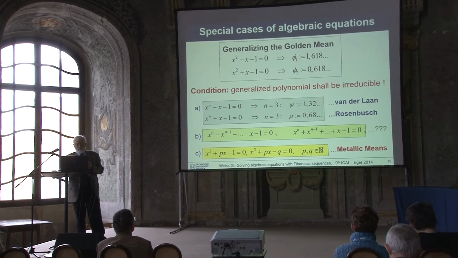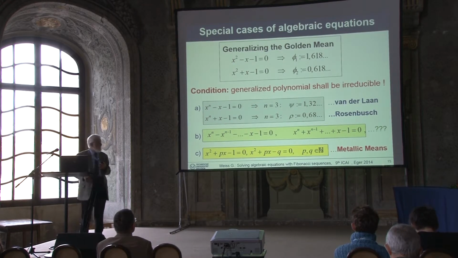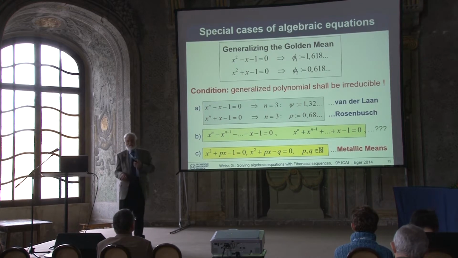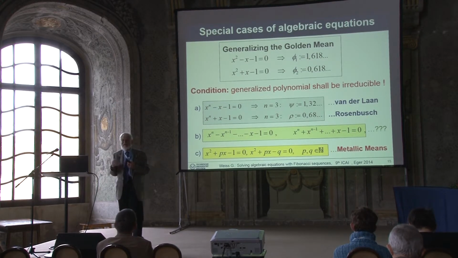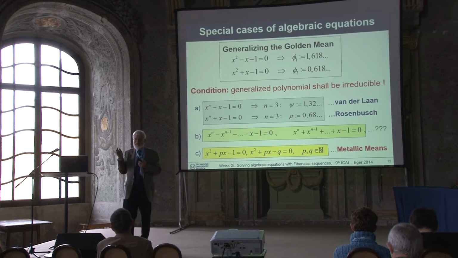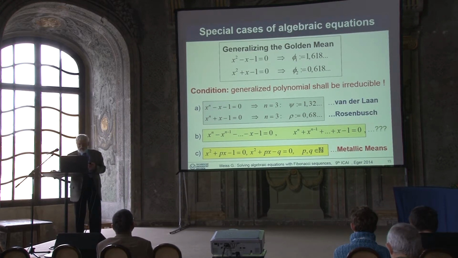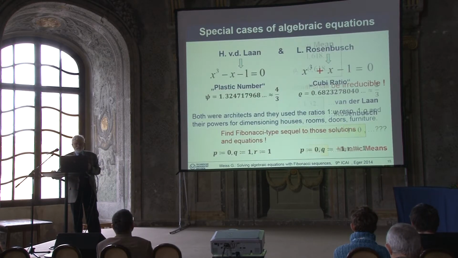And the metallic means of Vera Spinadel, as she calls them: if the quadratic equation is not x squared minus x minus 1 equals 0, but x squared minus 2x minus 1 equals 0, the solution is called the silver mean, and then you get the bronze mean and the copper mean and so on and so on. So all the metals are used up in there.